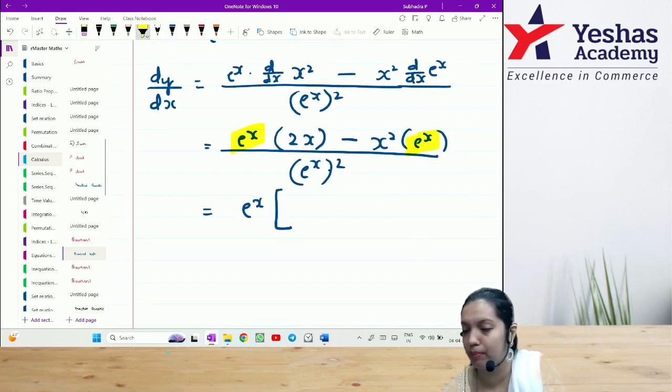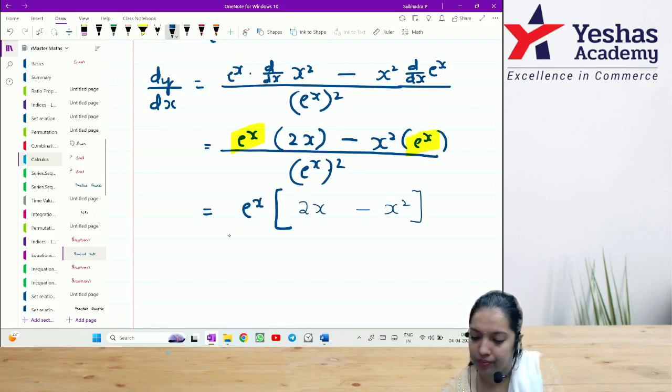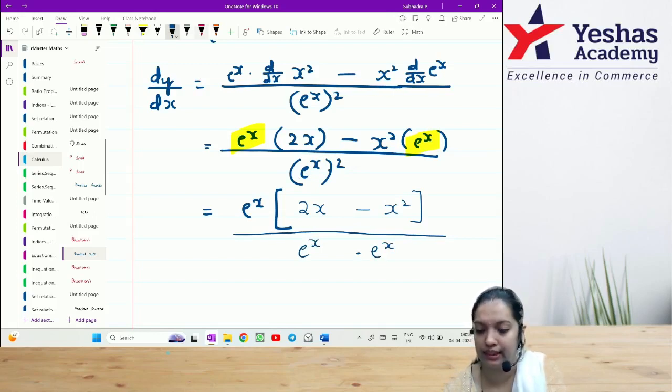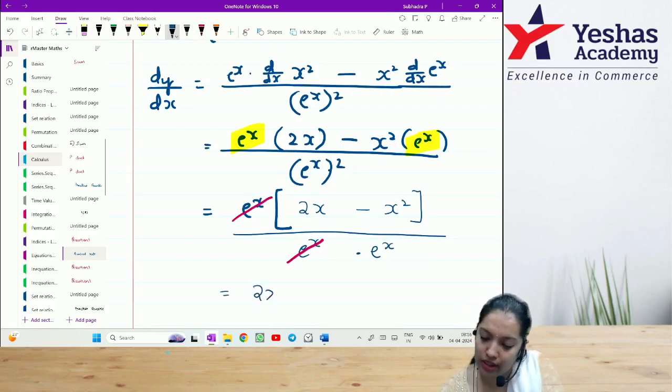So take e power x as common outside. You have 2x minus x square whole divided by e power x whole square, meaning e power x into e power x. Cancel e power x with e power x. What is left out? 2x minus x square divided by e power x.